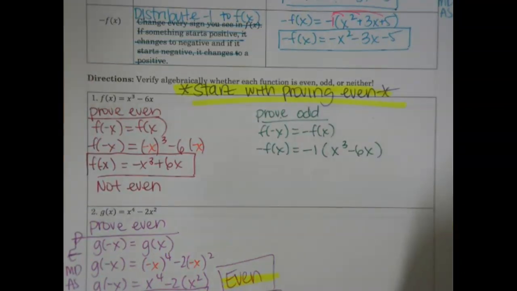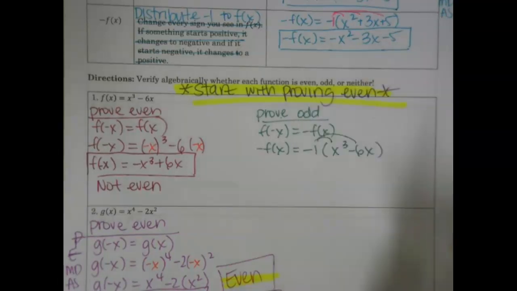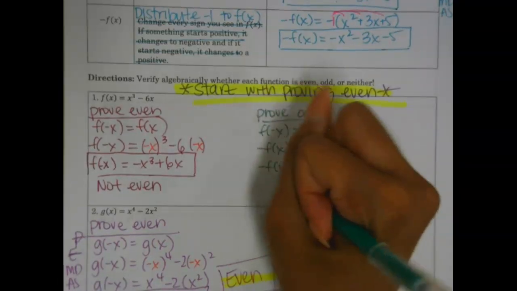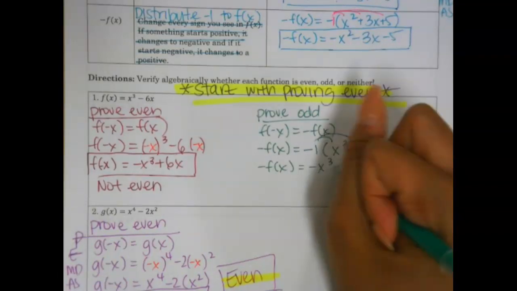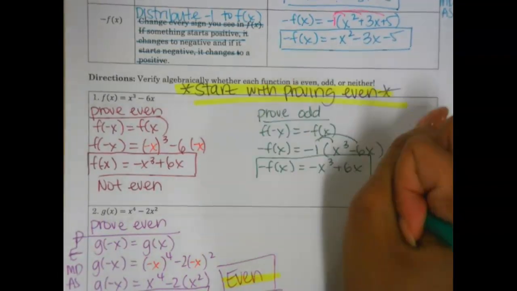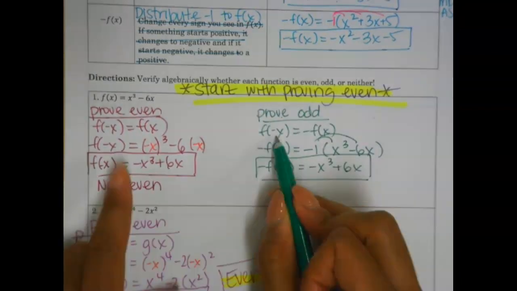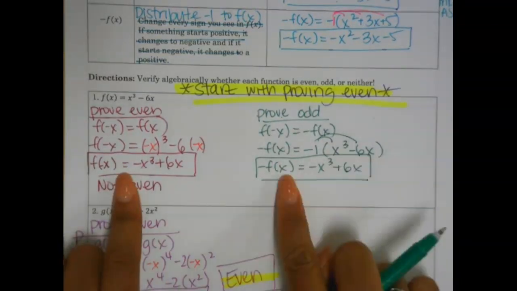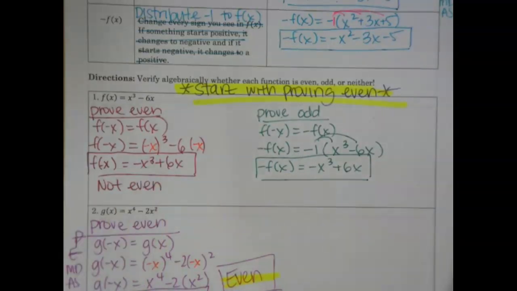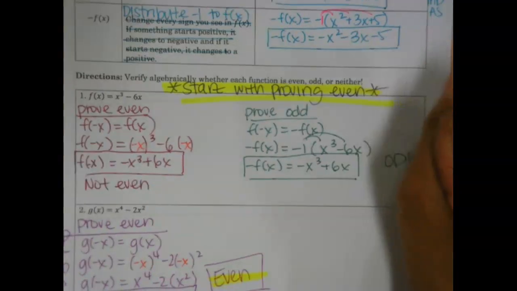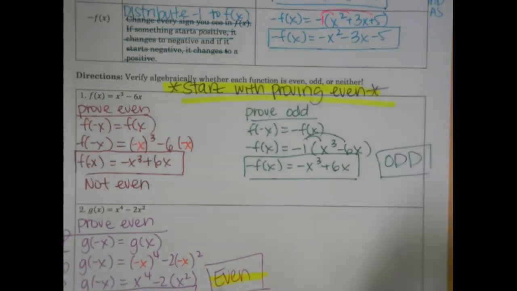So you distribute the negative 1 to everything, so being negative x cubed and then positive 6x. Okay. Take a second and look at the statement we have. If we're proving that f of negative x equals negative f of x, are these two the same? Yes. So what does that mean? That means that it's odd. That would be your answer.